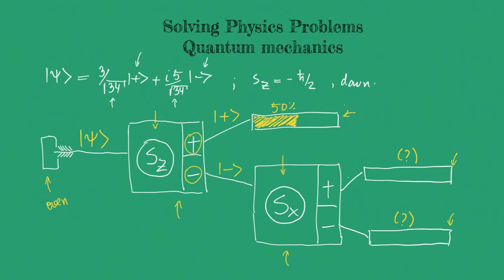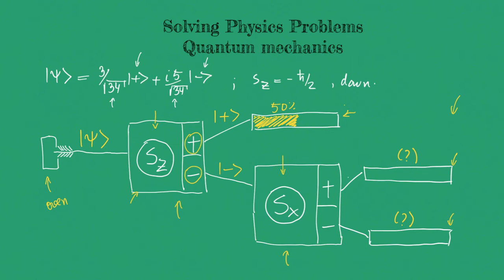So back to the question, if an Sz measurement is made on the ket psi and yields minus h bar over 2, and a subsequent Sx measurement is made, we can see that via this sketch drawn here, as if the first Stern-Gerlach device prepared the quantum state and the second is placed in front of the lower output port where the spin down comes out.